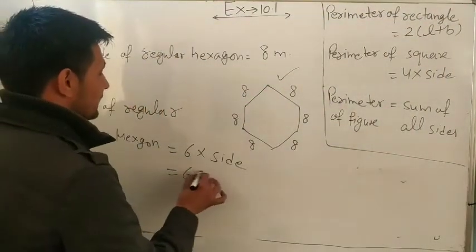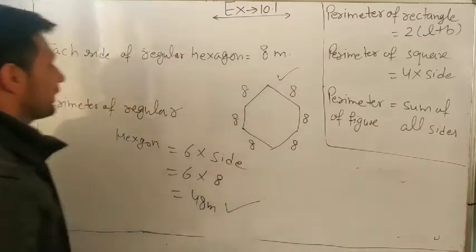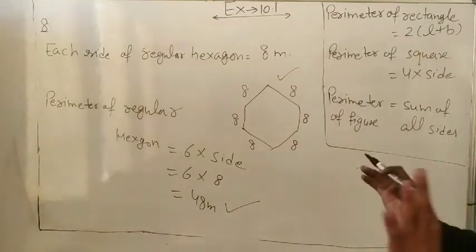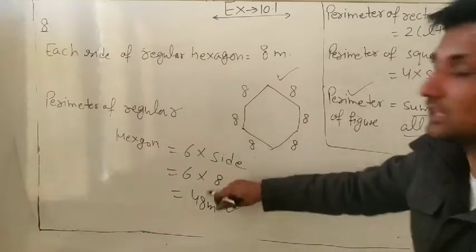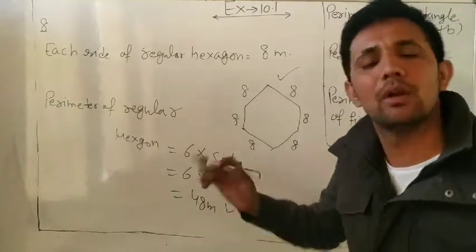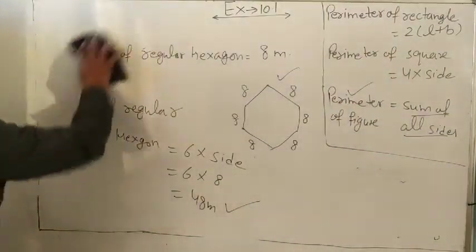So 6 into 8 is 48 meters. Only one simple thing to remember: perimeter means sum of all sides. You can write it like this also, 8 plus 8 plus 8 plus 8 plus 8 plus 8. How much comes? 48 meters. Very simple question.